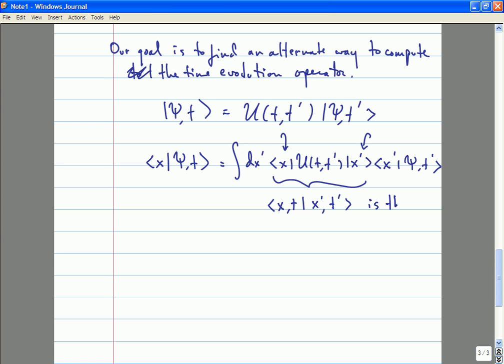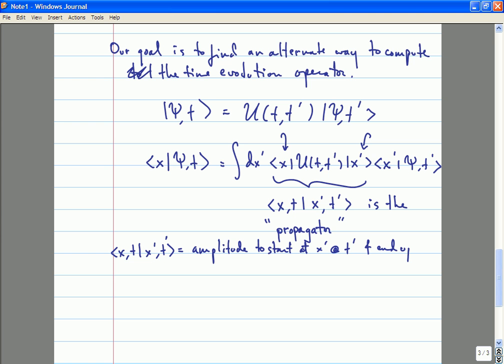It is called the propagator. So that x t, x prime t prime, is the amplitude for the particle to start at a position x prime at time t prime and end up at a position x at some later time t.